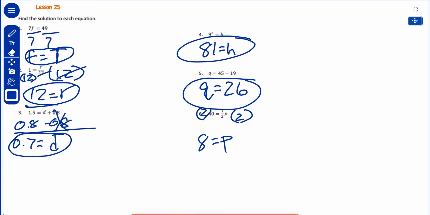You flip it and multiply, right? Well, if you divide by 1/2, we're going to flip that, and that's going to be multiplied by 2, right? Do you see that? 80. Sorry. 80. Now, is that correct? Is 1/2 of 80 40? Then that's true.